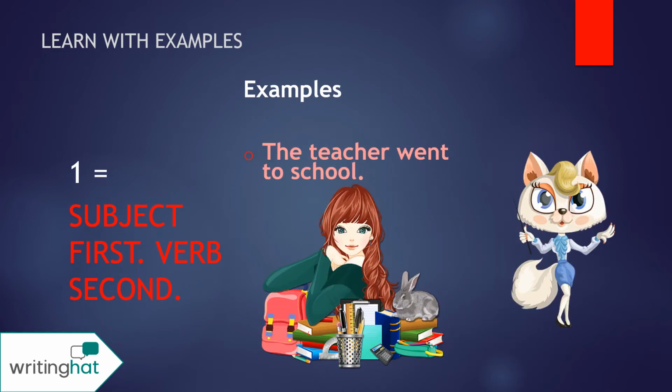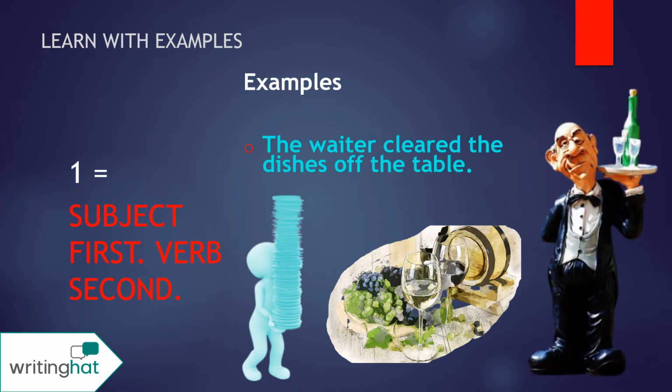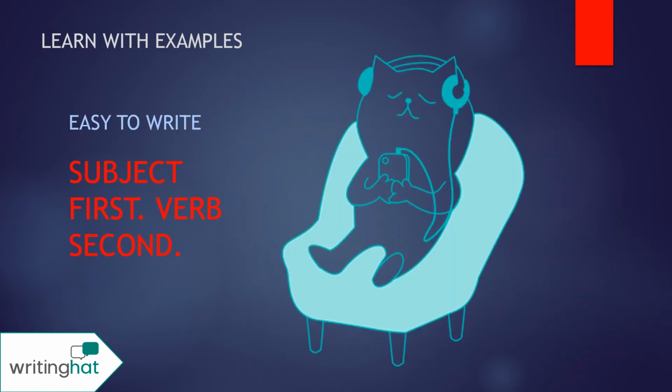The teacher went to school. The teacher is the subject and went is the verb. The waiter cleared the dishes off the table. Using the subject first, verb second method is one of the easiest ways to write a sentence.